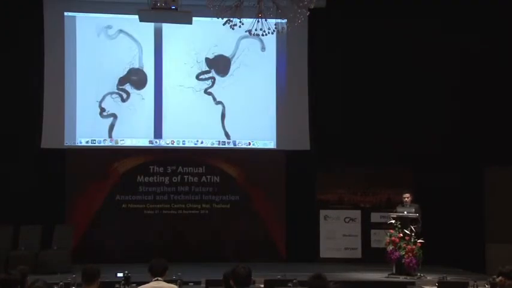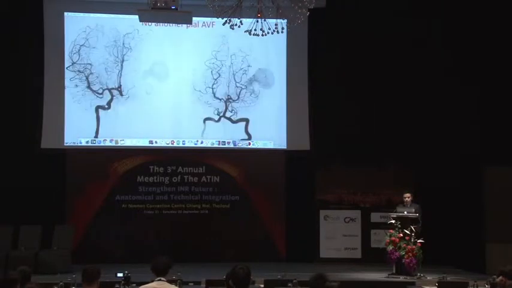In the angiogram, you can see the fistula here. This middle cerebral artery, this is a venous pouch, this is a draining vein. In this disease, you need to do angiogram of the right ICA and the vertebral artery also to see the multiplicity. So for this case, there is no other fistula.